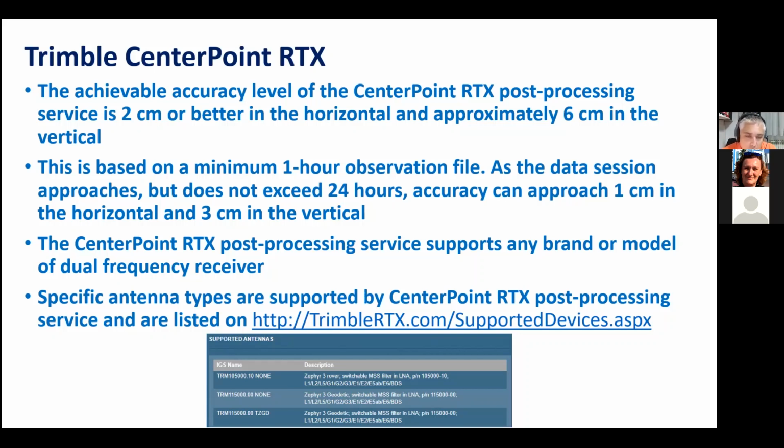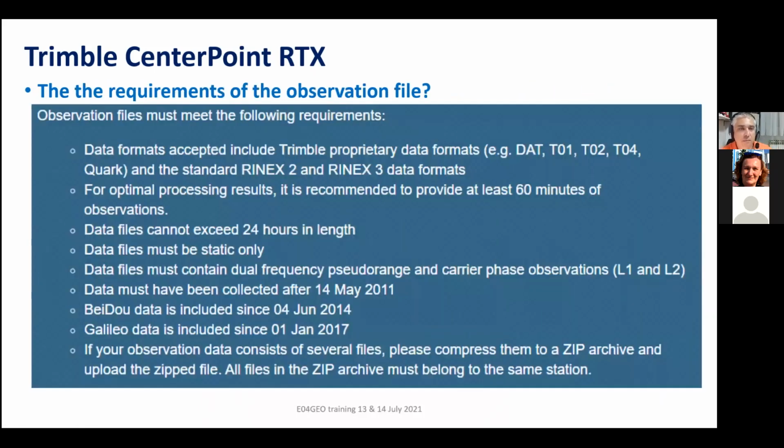On the bottom of your screen, there is a small screenshot of the supported antenna types. And the antenna type that I used for the use case is this one, so it is supported by CenterPoint RTX.